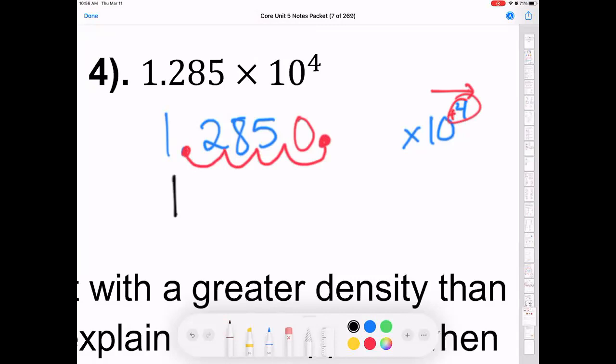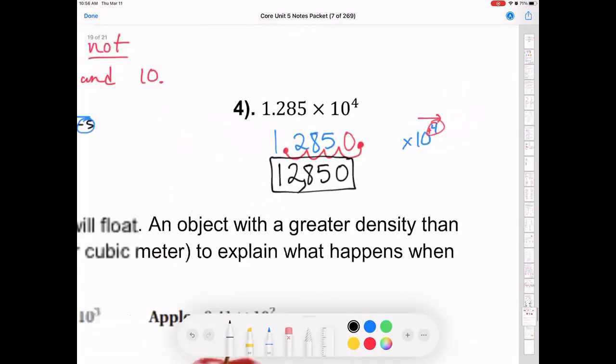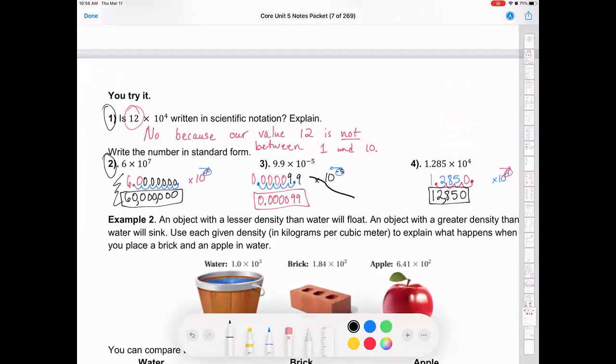So our final answer is 12,850 with a comma right there. Okay, again, 2 lines for each question like that. Just make sure you're doing both: one for the bumps, one for the final answer with commas. Are there any questions at all on 1 or 2? Feel free to pause the video if you need to and ask.